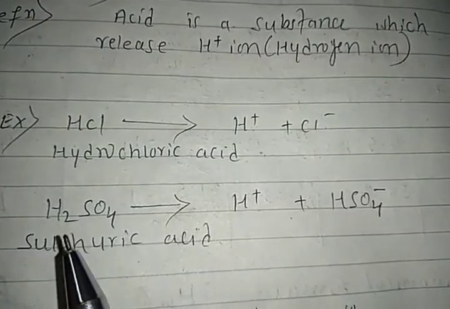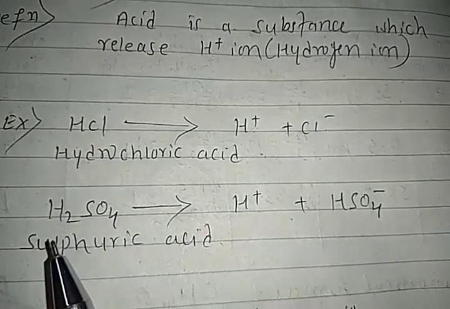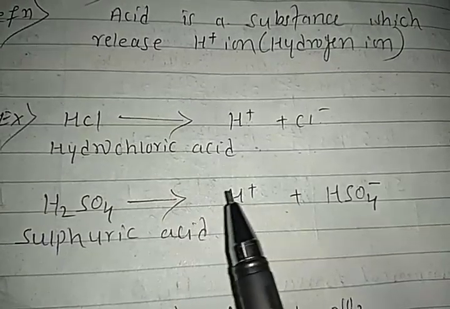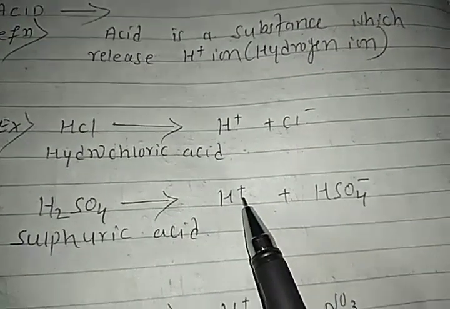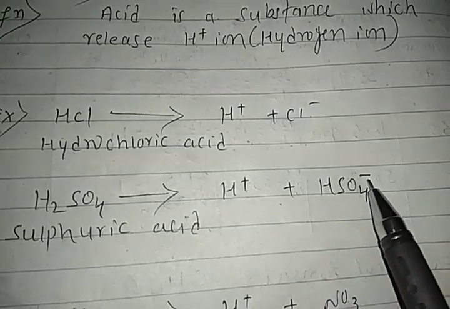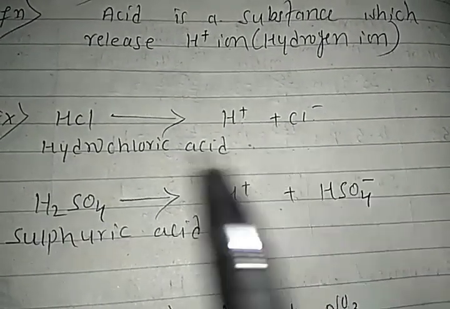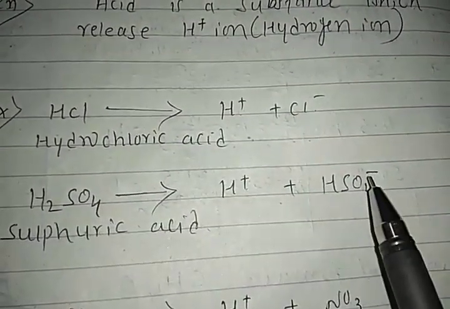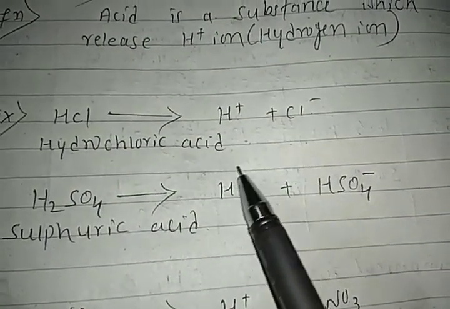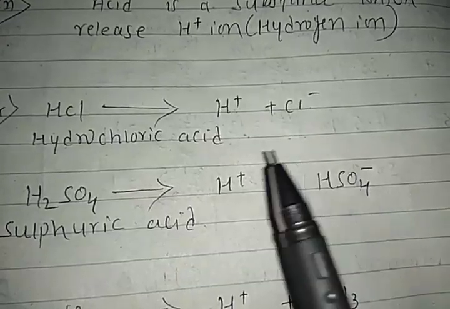One more example, H2SO4, sulfuric acid. Sulfuric acid dissociates to form H plus and HSO4 minus. So it dissociates, releasing the hydrogen ion, and it is called an acid.